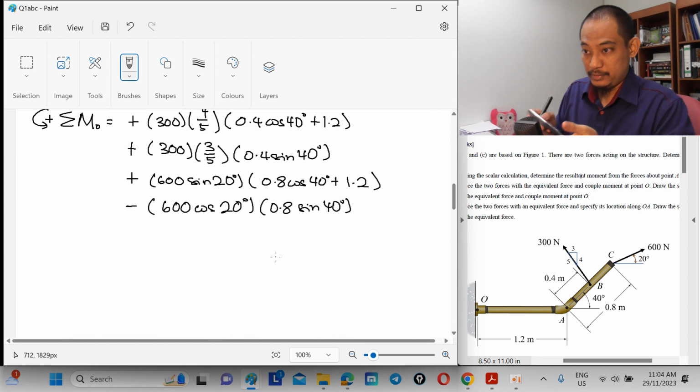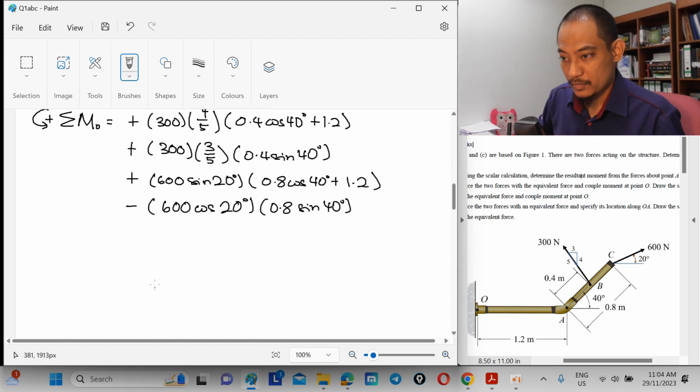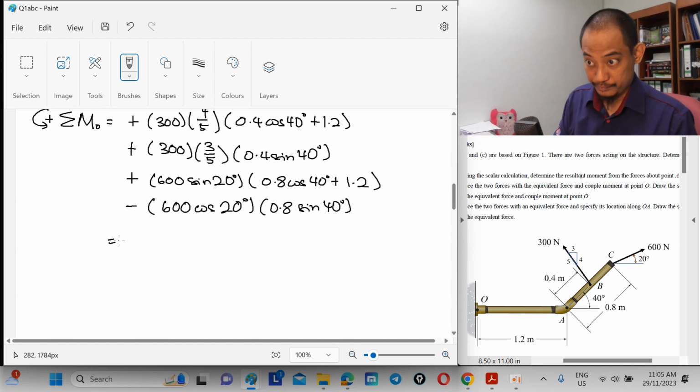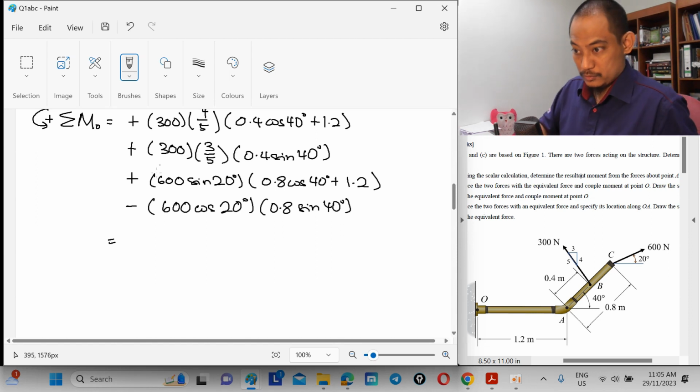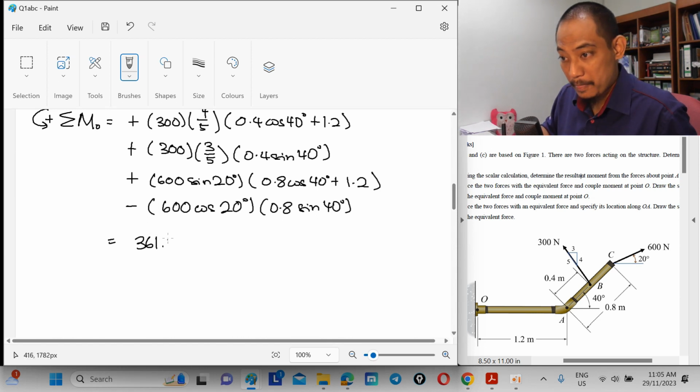So from here, 300 times 4 divided by 5 times bracket 0.4 times cos 40 plus 1.2, 361.54.